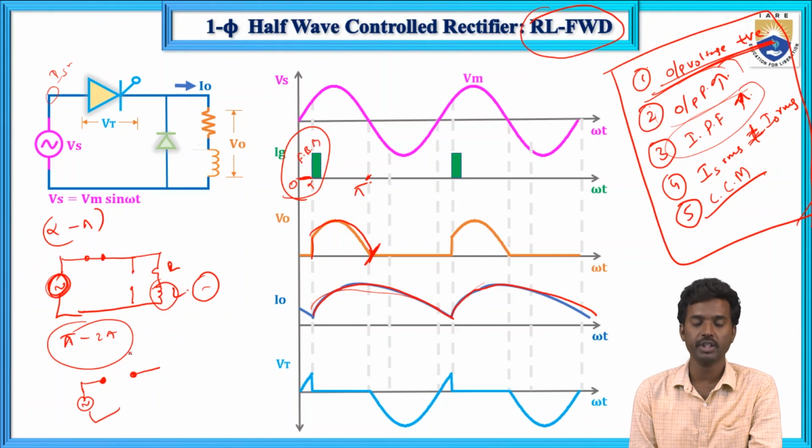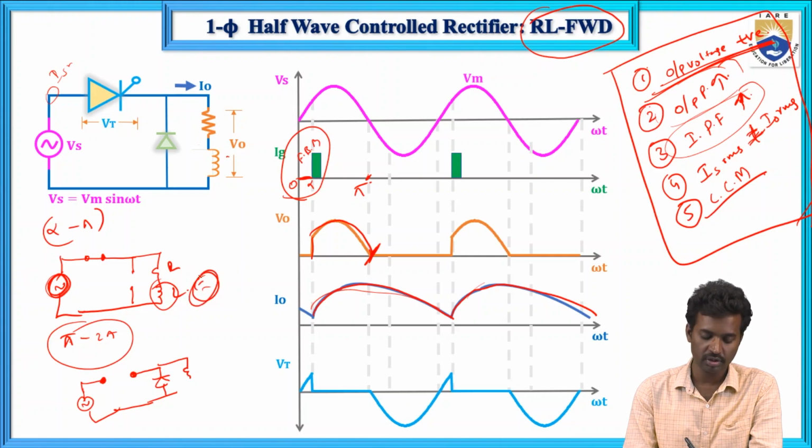It acts as an open circuit, meaning the SCR is turned off, and the diode will be forward biased because we have some amount of energy stored in the inductor. So this inductor delivers the energy from this load to this diode. Here the freewheeling diode is conducting, and the output voltage is 0 during this period.